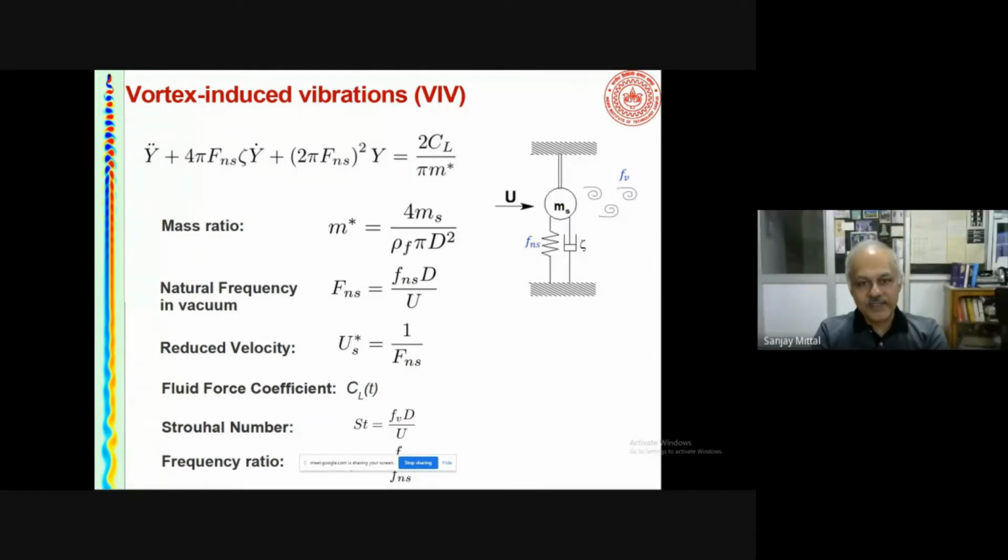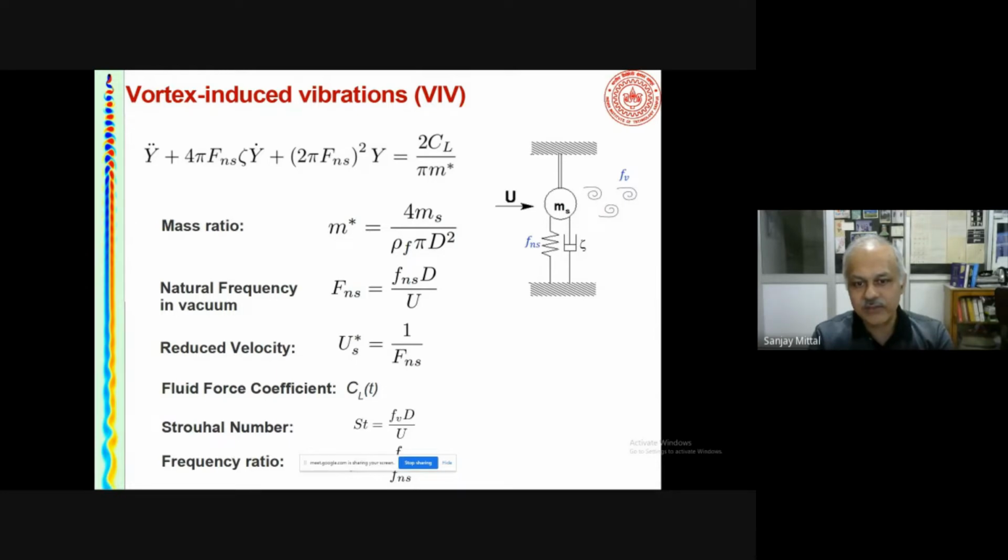So as I was saying, here the right hand side is coming from the fluid forces acting on this little cylinder, which has a mass m_s, and we typically non-dimensionalize it to give us a mass ratio m*, which is essentially the mass of the body divided by the mass of the fluid that it displaces.